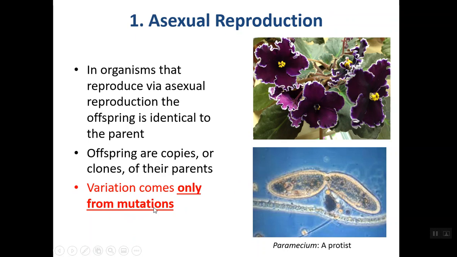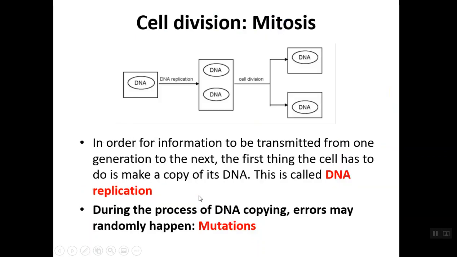Mutations are random errors that may happen in the DNA molecule when it replicates, as we will see. So mutations are pretty much the only source of variation for asexually reproducing organisms.